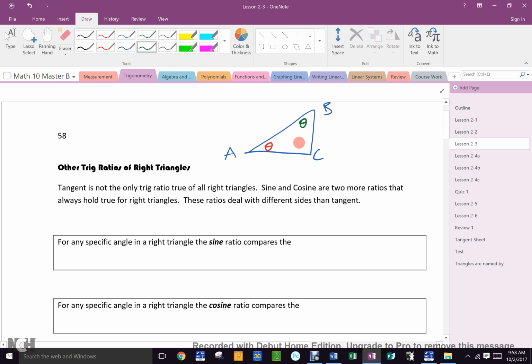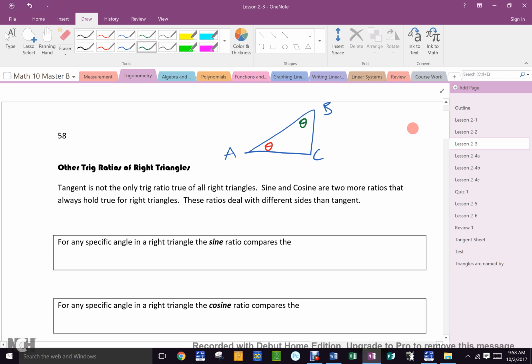Which means you can use the ratios comparing the opposites and adjacents, yes? The opposites and adjacents are always the legs of a triangle. But being the smart kids you are, you are aware that it is not a triangle if it only has opposite and adjacent, is it? A triangle has a third side, the hypotenuse.